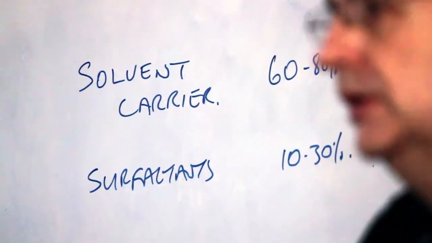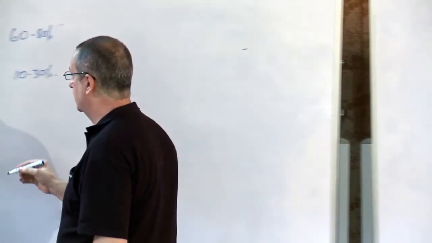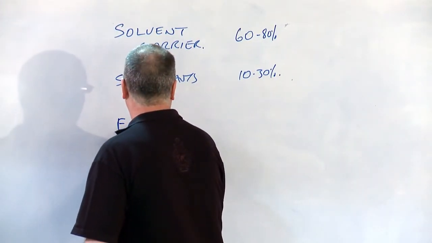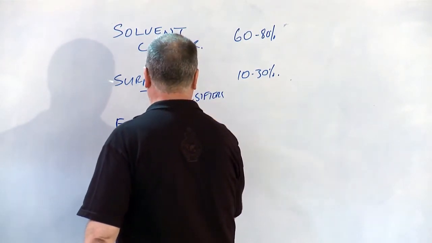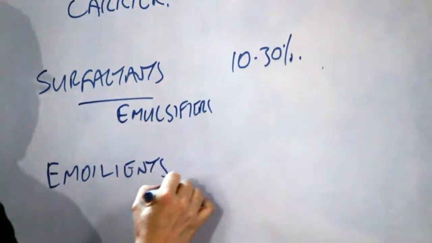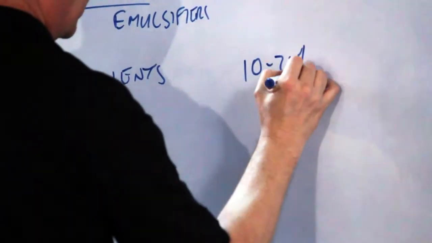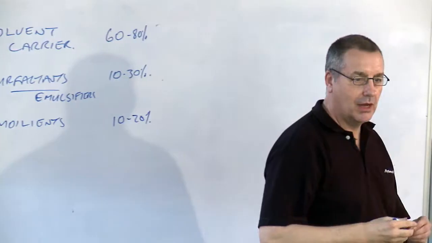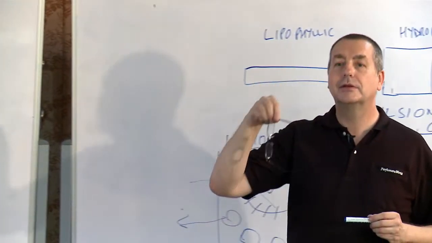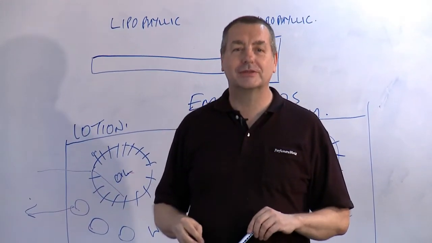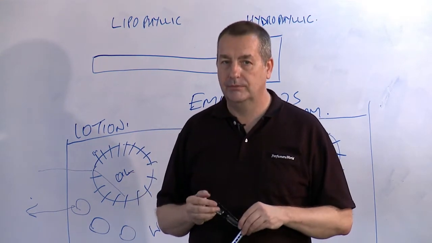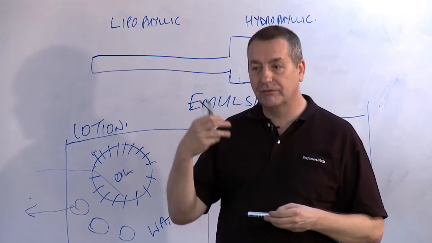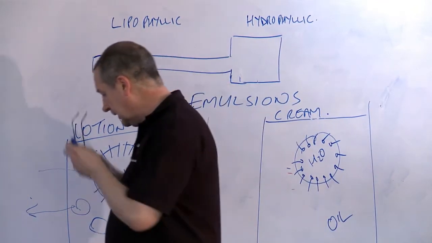The next ingredient that we will get frequently in our products are emollients, which will make up 10 to 20% of our formula. So what does emollient mean? Like oil. What's the purpose of an emollient? Yeah, moisturizer to soften the skin, moisturize the skin. Yeah, something like that.